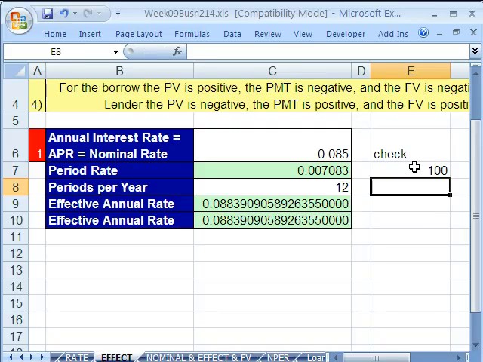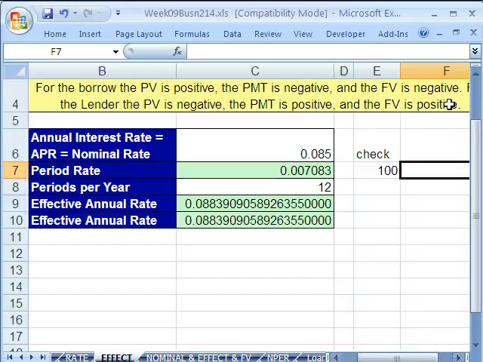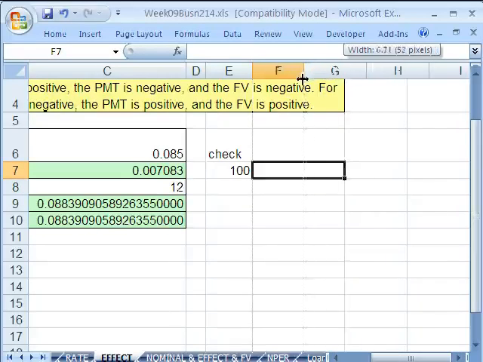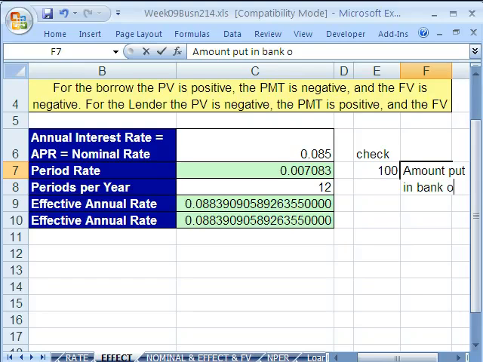100 bucks. And I'm going to call that, if I come over here, I could say that's amount put in bank on day 1. Now that's scooting off the edge of it. That's OK. Now, what would I have to do to figure out how much it's worth at the end of the year?